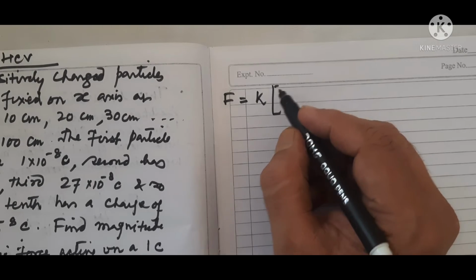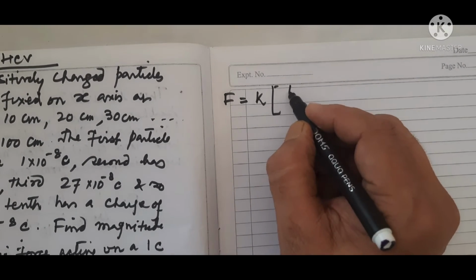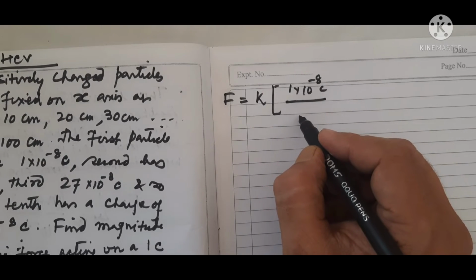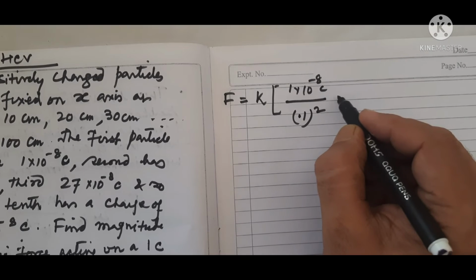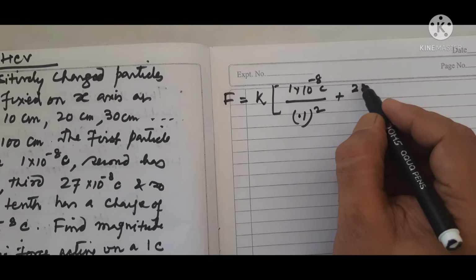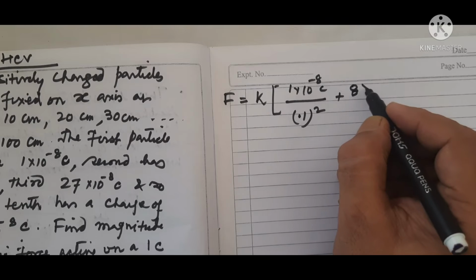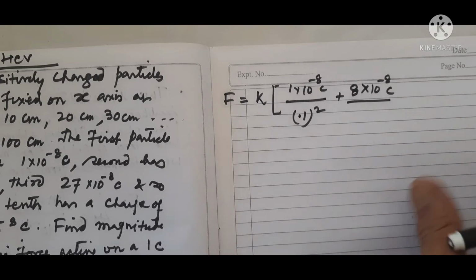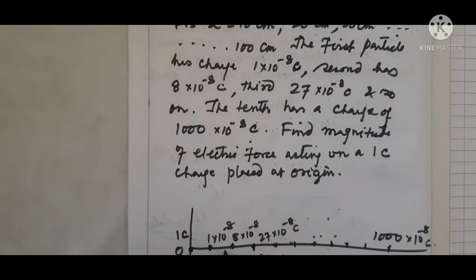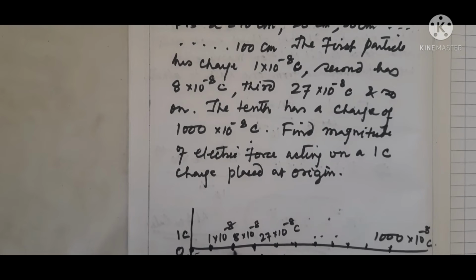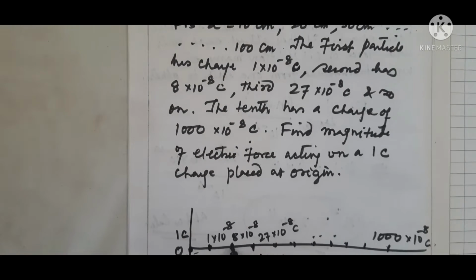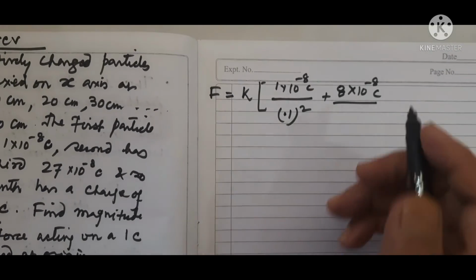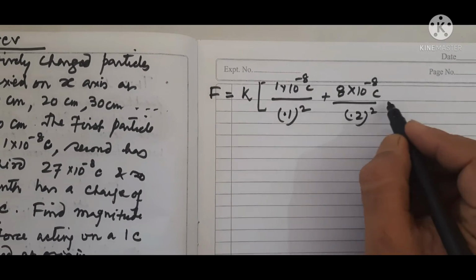here the charge is 1 into 10 to the power minus 8 coulomb by 10 centimeter squared, meaning 0.1 squared, plus the second charge 8 into 10 to the power minus 8 coulomb by the distance 20 centimeter, meaning 0.2 squared.